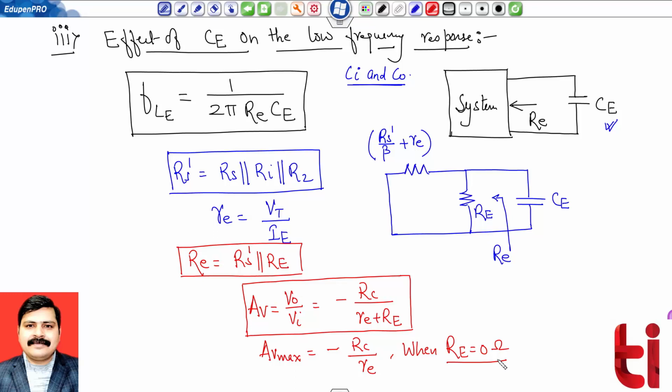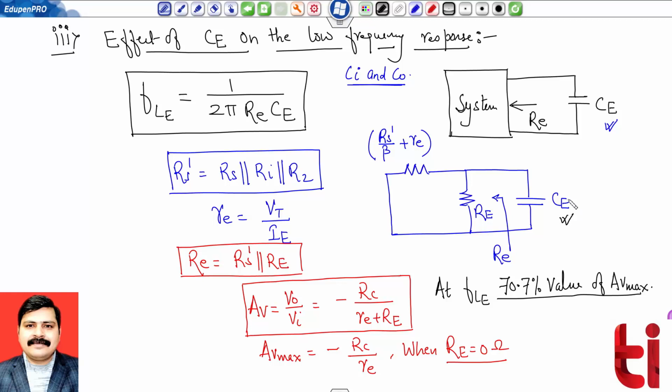So the entire current will flow through the emitter bypass capacitor, or one can neglect the value of this resistance. Then it would happen at FLE, 70.7% value of this AV max could be achieved. So that is the contribution of this capacitance Ce.